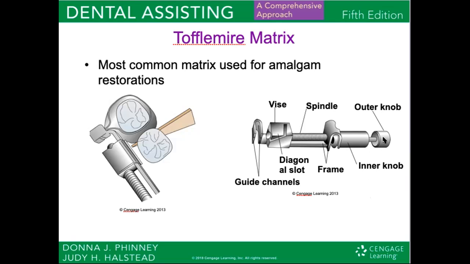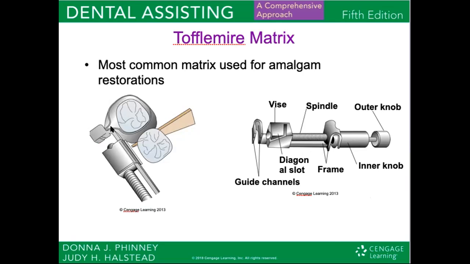So this outer knob will actually secure the band onto the Tofflemire itself. And the inner knob will pull this frame, or this little slotted vise area, closer to the frame.